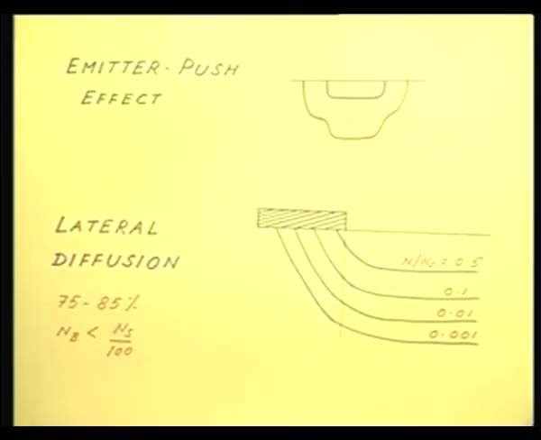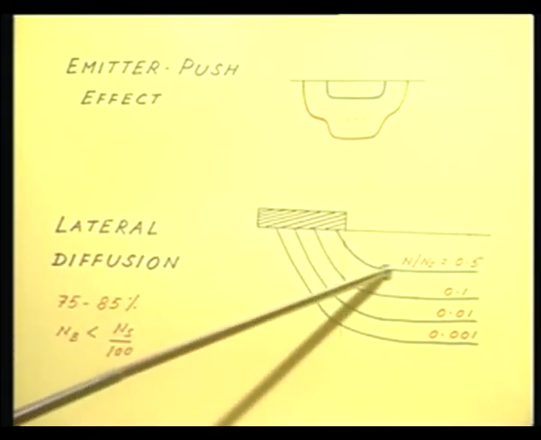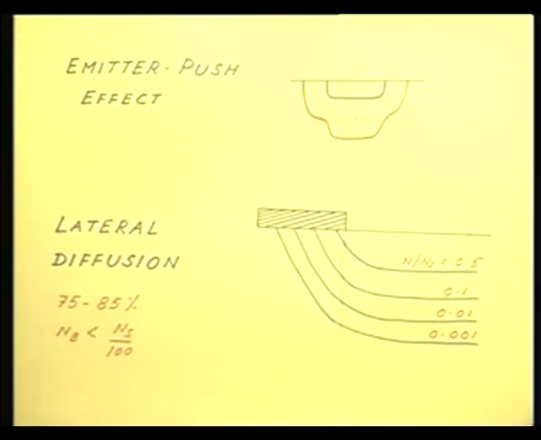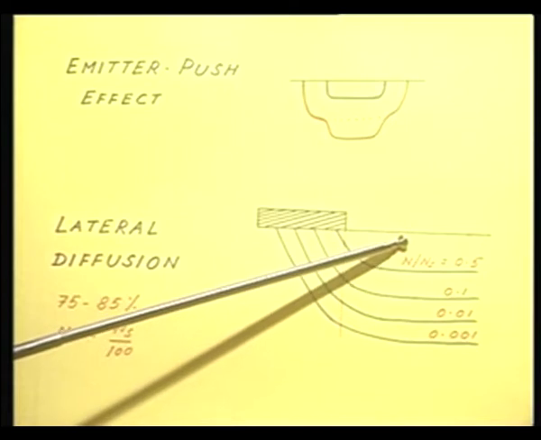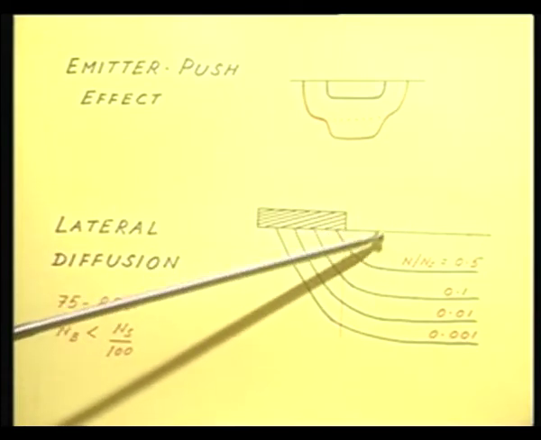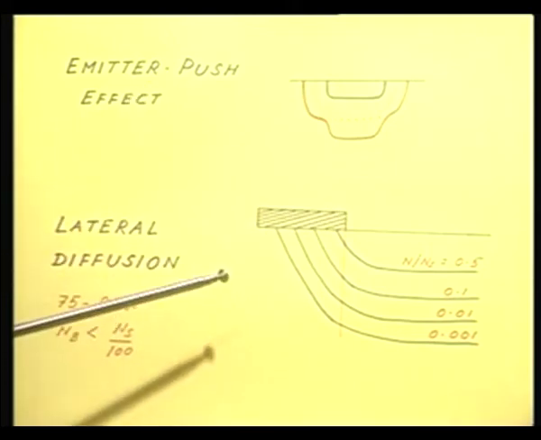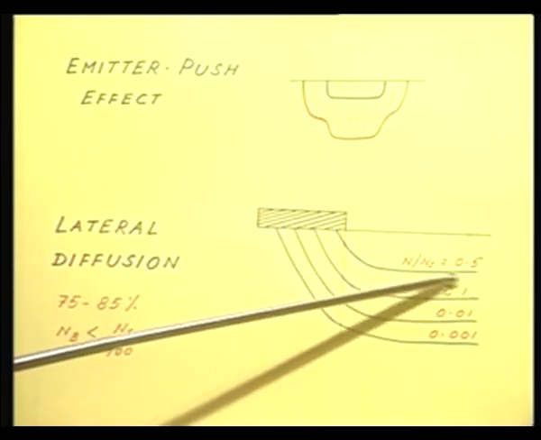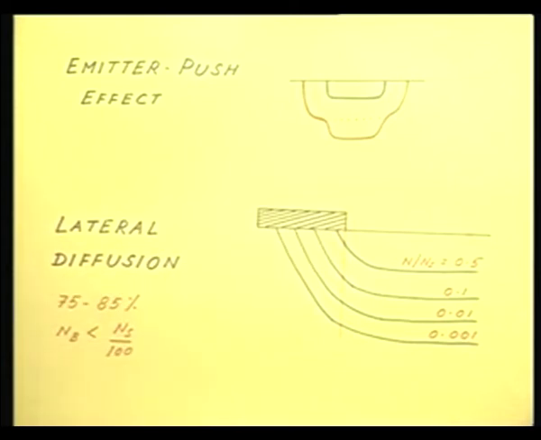In this case I have just shown one side of the mask window, and these green lines are the lines of equal concentration. Here at the surface the concentration is Ns. Now, as I move in deeper the concentration is falling. This contour is for N by Ns equal to 0.5, that is where it has fallen to half the surface doping concentration.